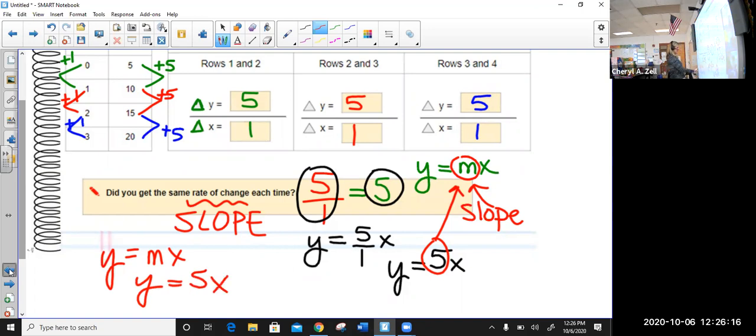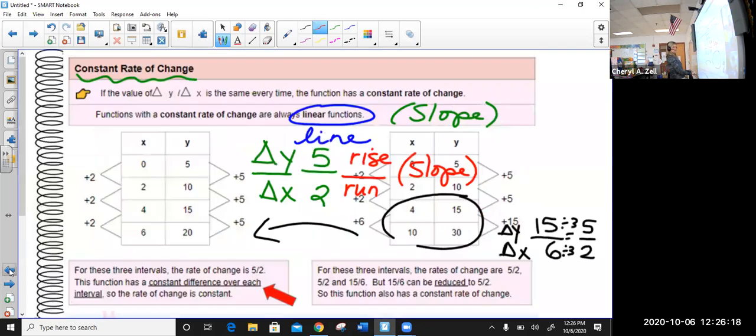Now, if I go back to something else here, we had 5 over 2. Well, you're going to do the exact same thing for 5 over 2 as well. The equation is y equals mx. What's the slope or the rate of change? It was 5 over 2. So you would write the same thing.